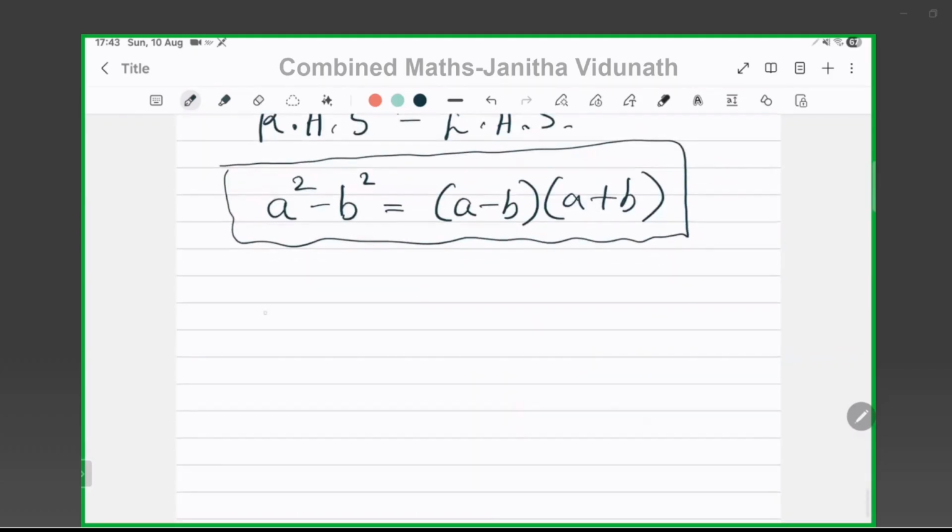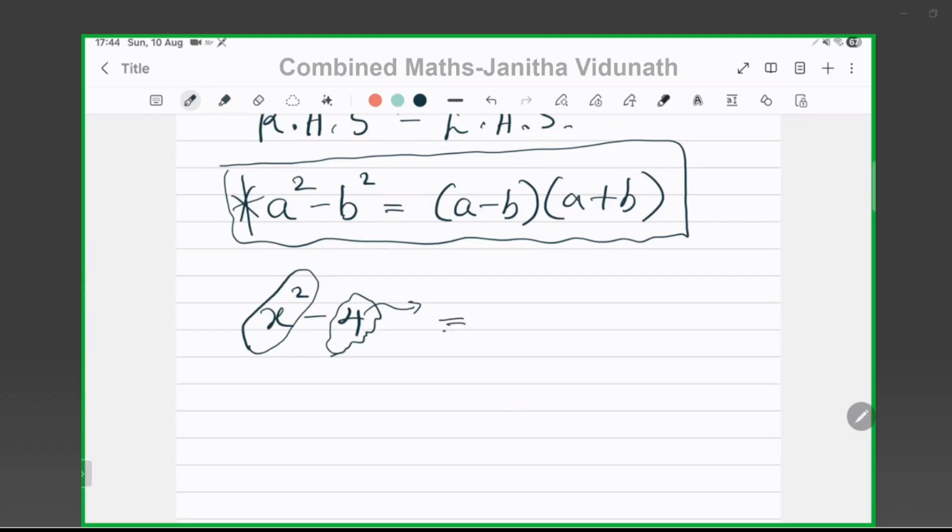First one is x squared minus 4. To use this method, first we need two whole square numbers or expressions. But here we only have one. Then we need to check. We need to write this as a whole square.